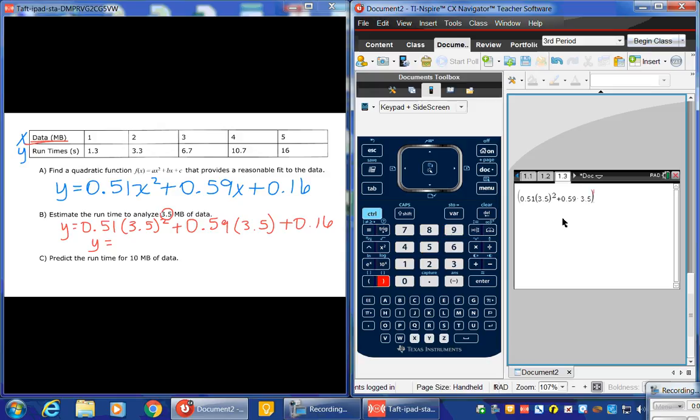You can put your 3.5 in parentheses if you'd like, plus 0.16. And I get about 8.5 seconds. So my answer would be 8.5 seconds.